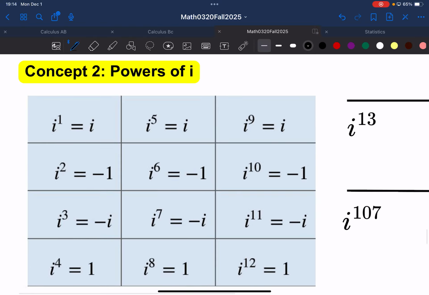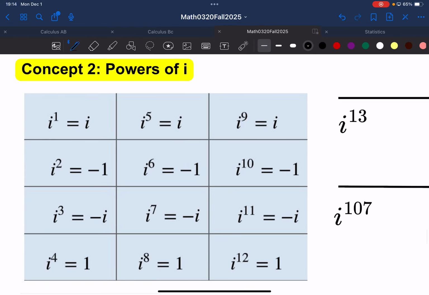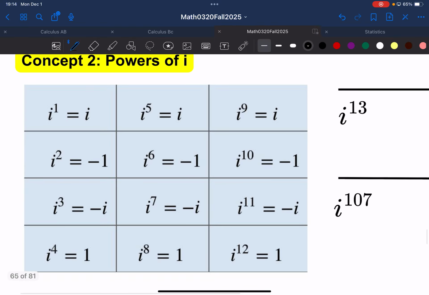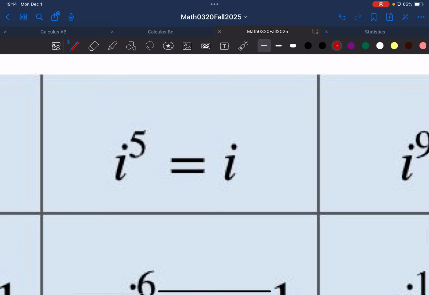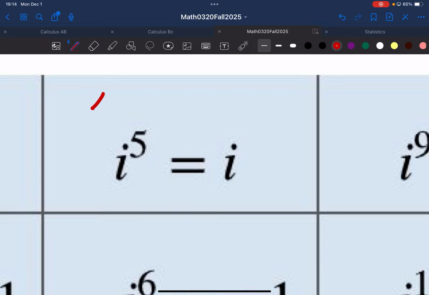So that brings us to the second concept, which is the powers of i. Here I give you a little cheat sheet of what i to the 5th, i to the 10th, and i to the 12th would be. When you see this, think: i to the 5th is the same as i squared times i squared times i, because we add all those exponents together. 2 plus 2 plus 1 is 5.